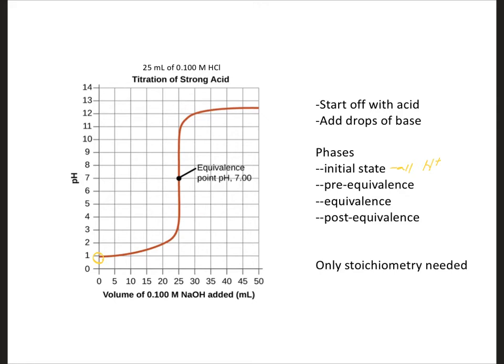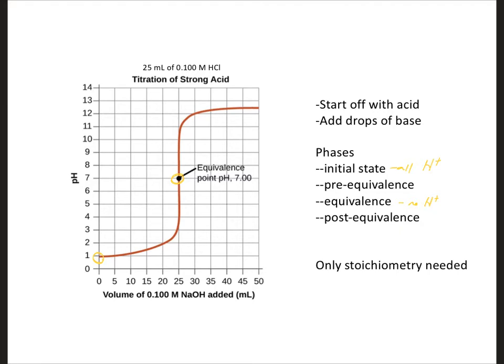Then what we have is, of course, our equivalence state. With the equivalence state, they've labeled it nicely here, we're going to end up with no more H pluses. This is the point where all the OHs have been added and they have canceled out all of the H's.